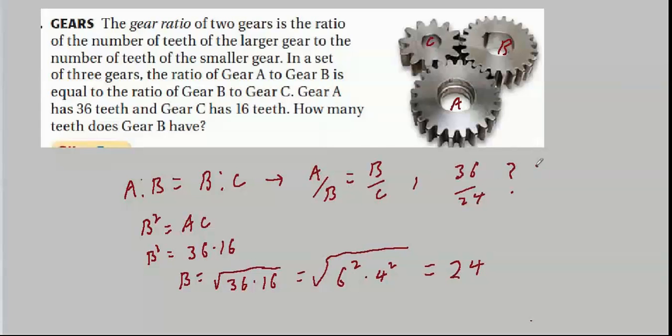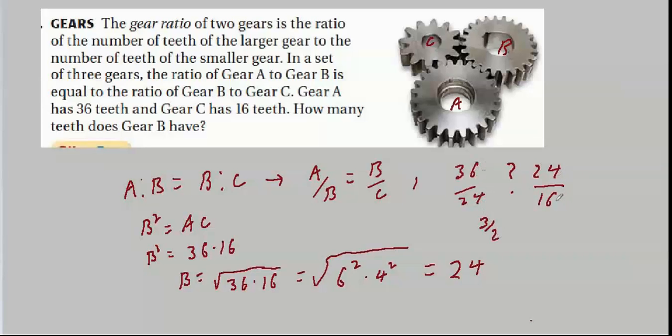How does that compare to 24 over 16? Well, we could divide both of these, down here we could reduce this by dividing both by 12, and we get 3 over 2. This is the reduced form of 36 over 24.